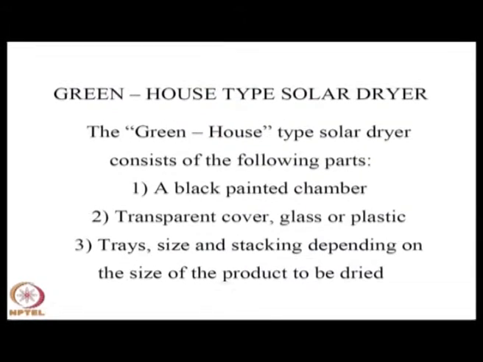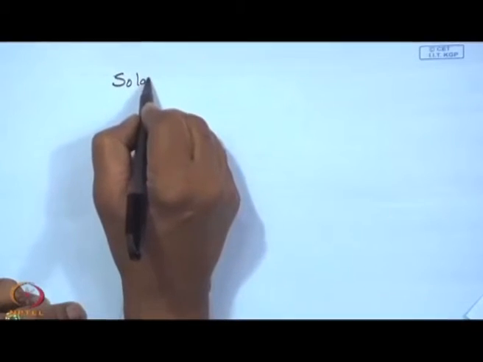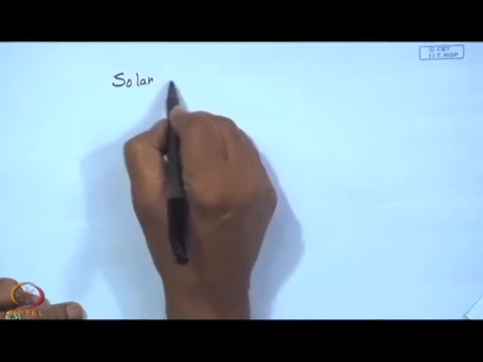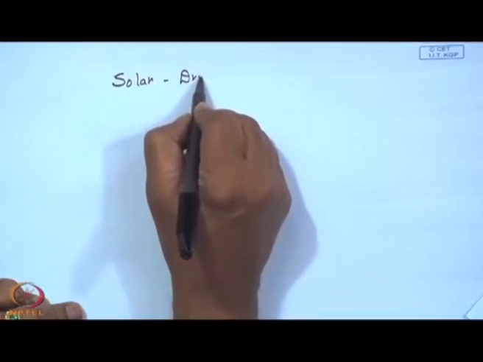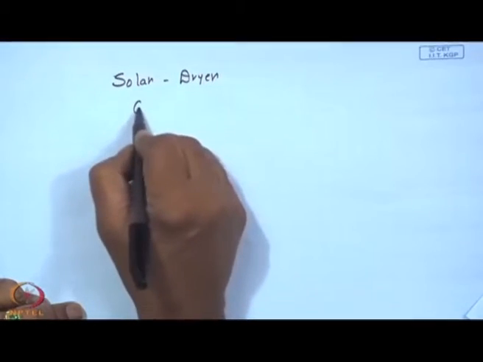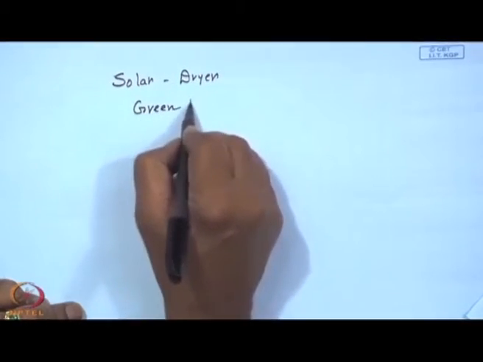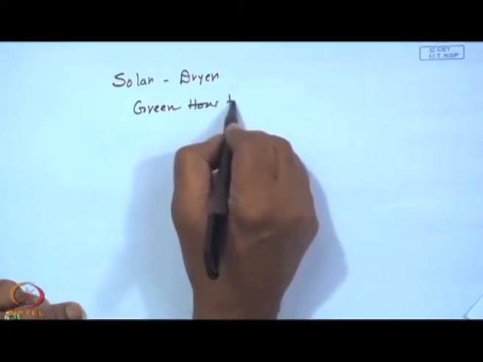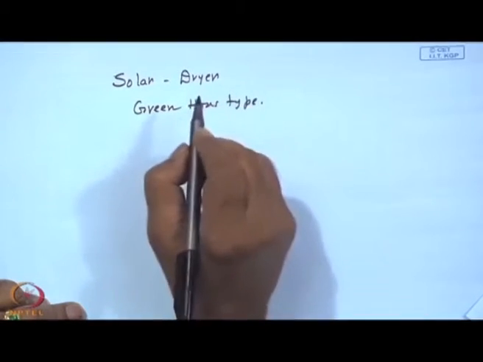So, basically this greenhouse type solar dryer, if we now summarize, though we have understood the idea behind it: solar dryer, greenhouse type, basically passive.